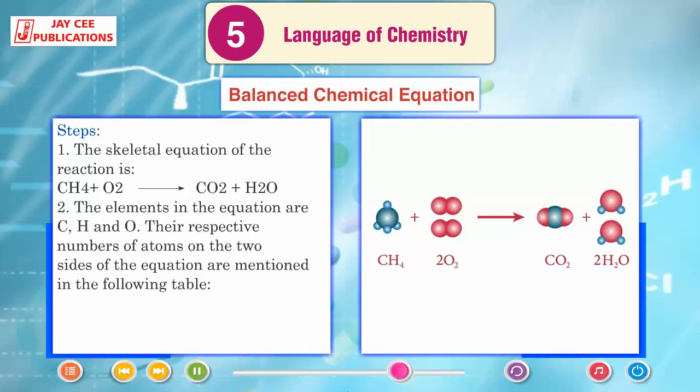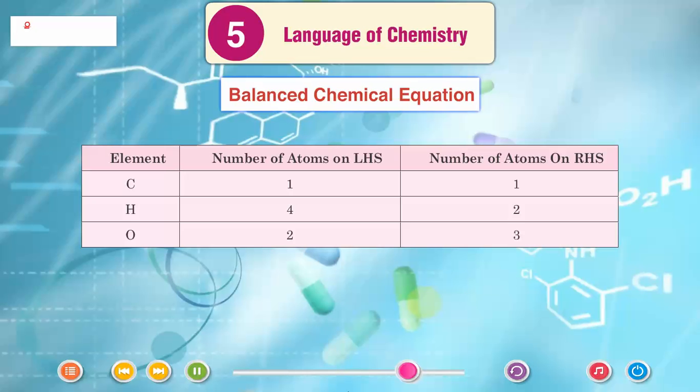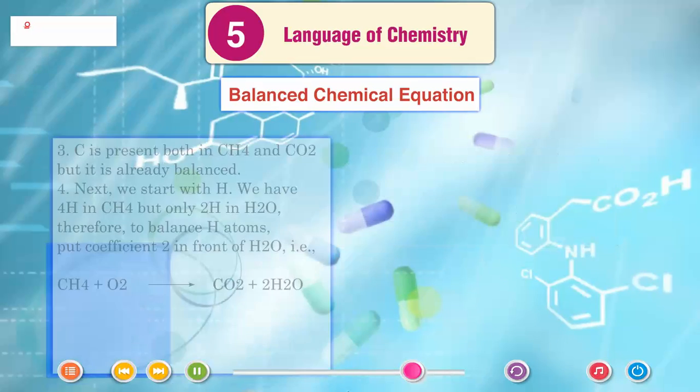The skeletal equation of the reaction is CH4 + O2 → CO2 + H2O. The elements in the equation are C, H and O. Their respective numbers of atoms on the two sides of the equation are mentioned in the following table. Element C, H, O: number of atoms on LHS 1, 4, 2; number of atoms on RHS 1, 2, 3.